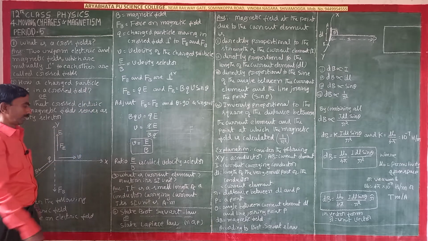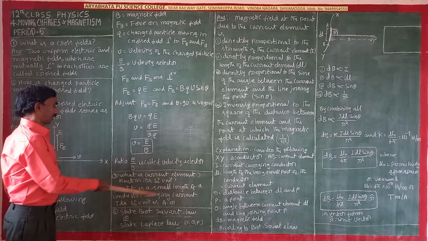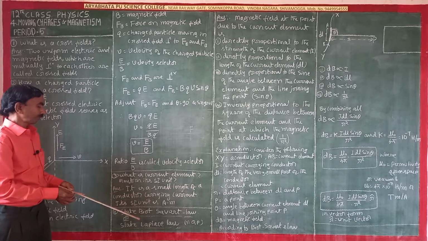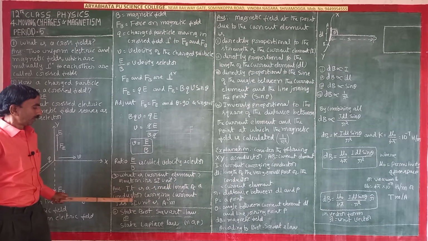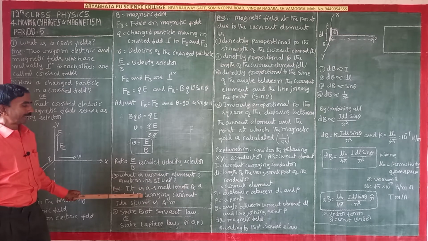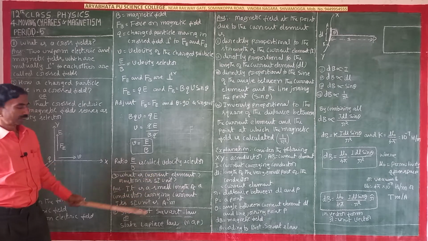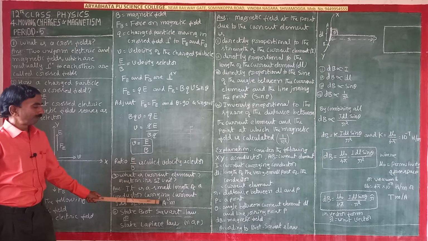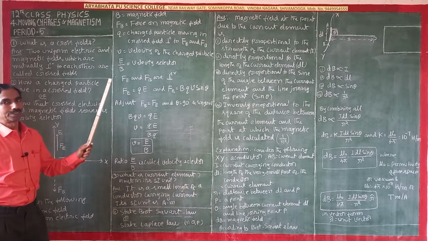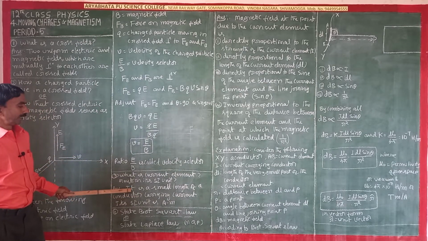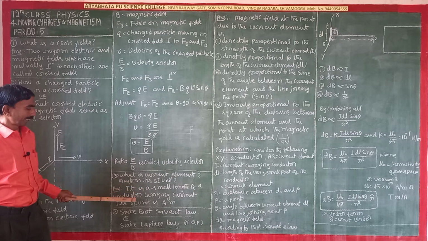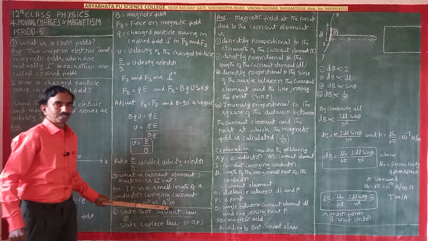So a current element is a small length of a conductor carrying current. Ampere refers to the current and meter refers to the small part of the element. Its SI unit is ampere meter.